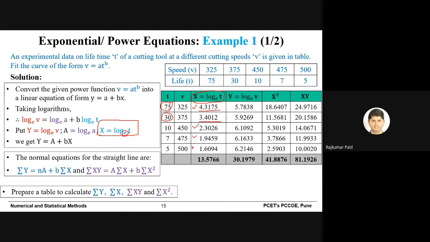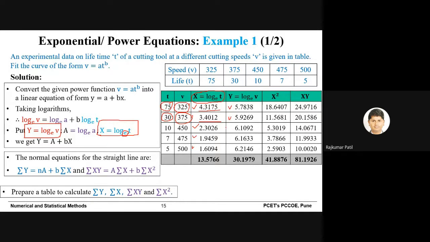Then we need to calculate the value of capital Y, and here we already derived that equation, log to the base e v. So log to the base e 325 will become 5.7838. Log to the base e 375 will be 5.9269.